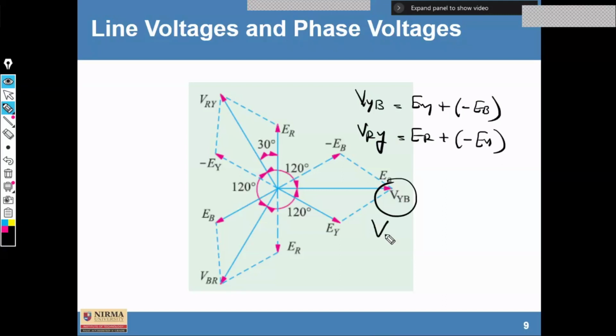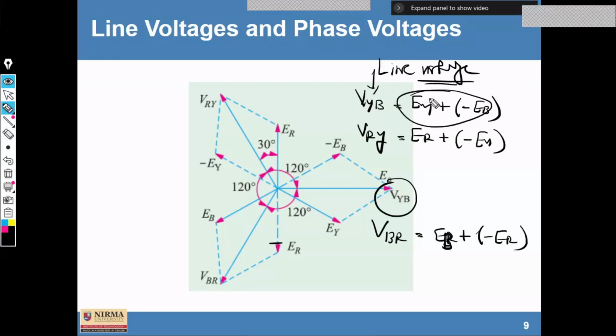And similarly, we can write VBR is equal to EB plus minus ER. So this is the line voltage and this one is your phase voltages. So with the help of these equations, for balanced condition, we can derive various equations of line voltage and phase voltages. Yes or no?